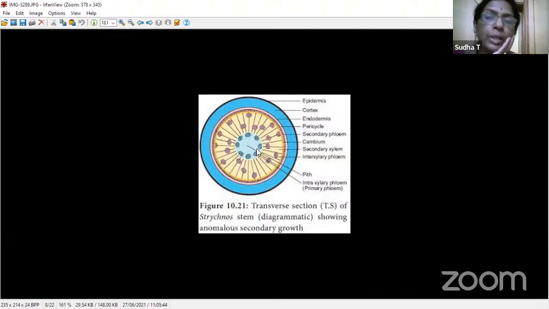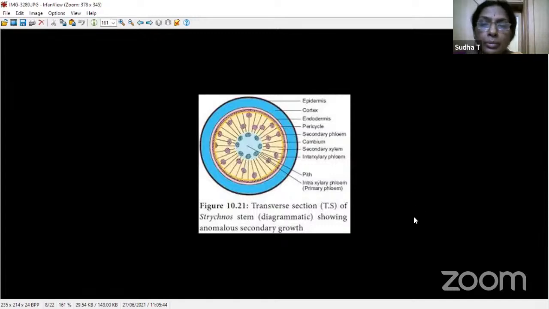But here, here and there, instead of developing the xylem elements, the cambial ring is going to produce phloem. So the phloem here and there is going to form. So it is called intraxylary phloem. And also the phloem is like islands in the secondary xylem, and it is intraxylary, in between xylem, that is very unique to Strychnos.